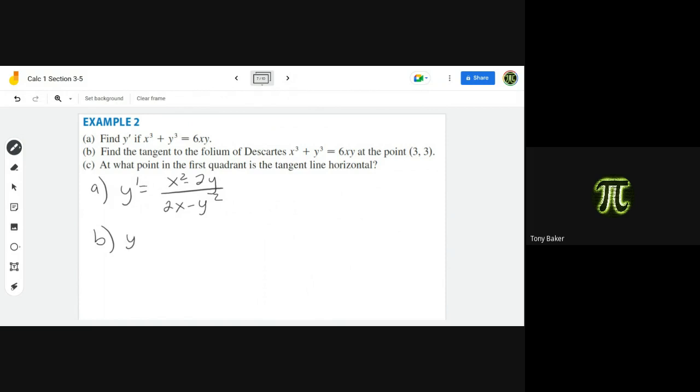So y prime, or I'll just do m. So 3 squared minus 2 times 3 over 2 times 3 minus 3 squared. So 9 minus 6 is 3. 6 minus 9 is negative 3, so negative 1.